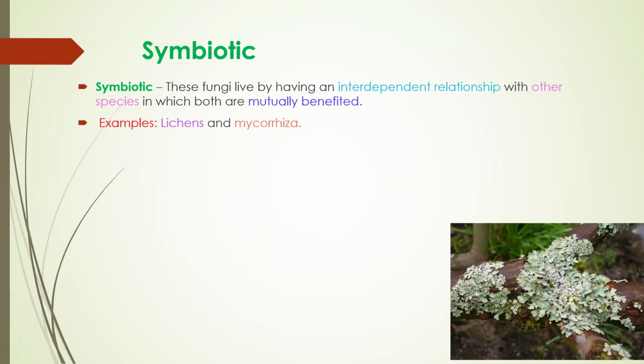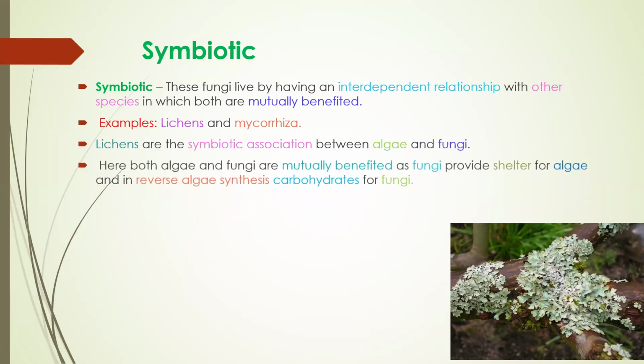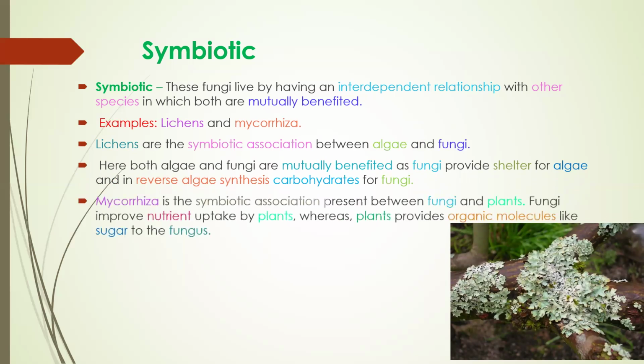Examples: lichens and mycorrhiza. Lichens are the symbiotic association between algae and fungi. Mycorrhiza is the symbiotic association between fungi and plants. This is called symbiotic fungi.